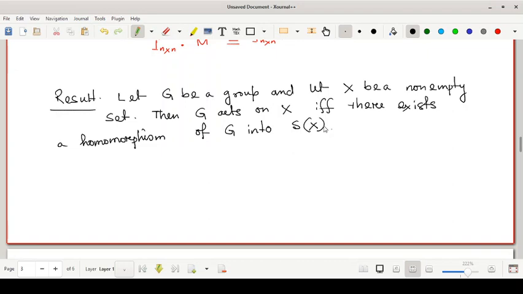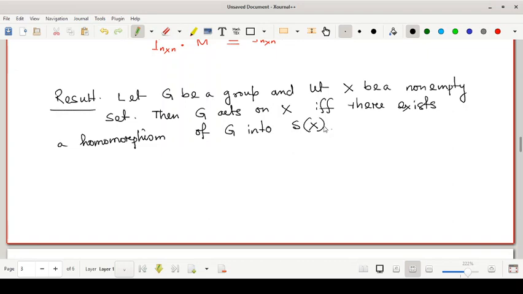Let us try to understand the result. You are given a group, you are given a non-empty set. The question is, does there exist an action of G on X? How to know that really there exists an action? This question is answered by this result. Given a non-empty set, you can always form a group, the permutation group of that set, S_X.